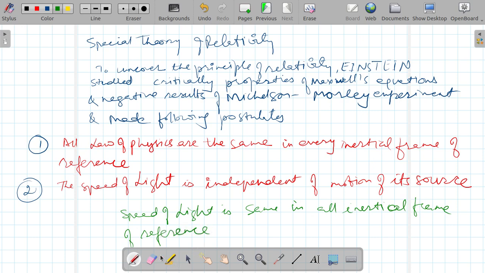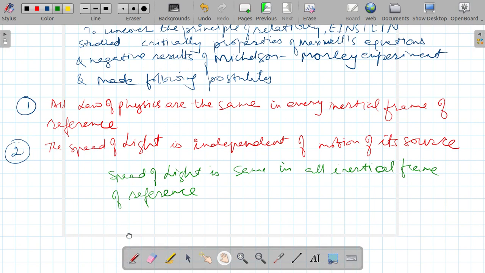And we may call it a universal constant. So let us try to explain how Einstein proceeded. I will try to understand it in my own way.